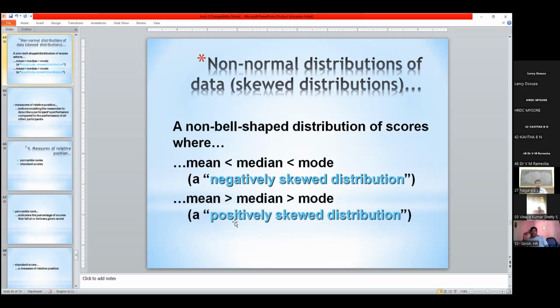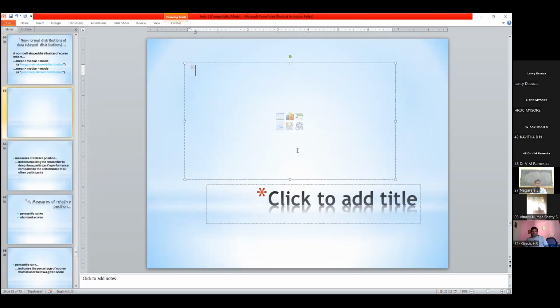So one test could be the Shapiro-Wilk test, which you can do through software. Otherwise, you can use the Kolmogorov-Smirnov test for normality of your data.